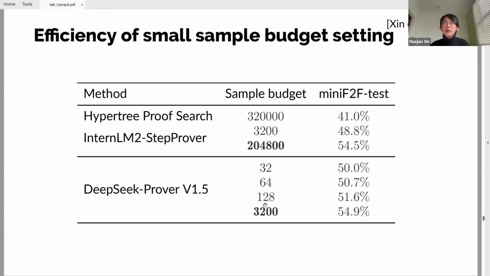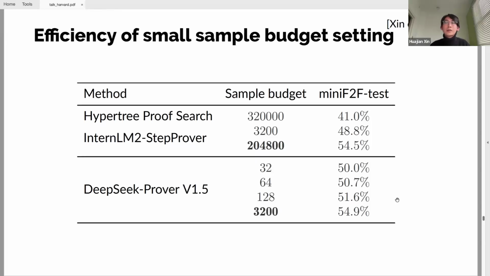If we can decide this with only tens or hundreds of generations, and this generation procedure can be parallelized with, for example, vLLM and other infrastructure, then we can very efficiently scale up the data synthesizing procedure, right?